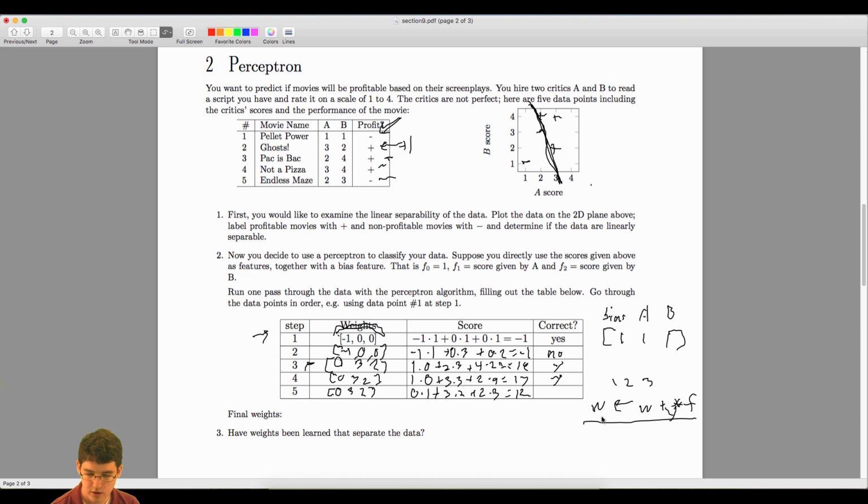We have our current weight vector plus y star, which is now -1 because we have a negative label, and then we subtract the features. So our final weight is 0 minus 1, which is -1; 3 minus 2, which is +1; and 2 minus 3, which is -1.